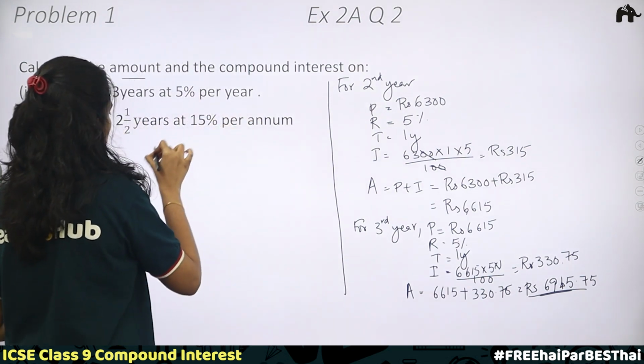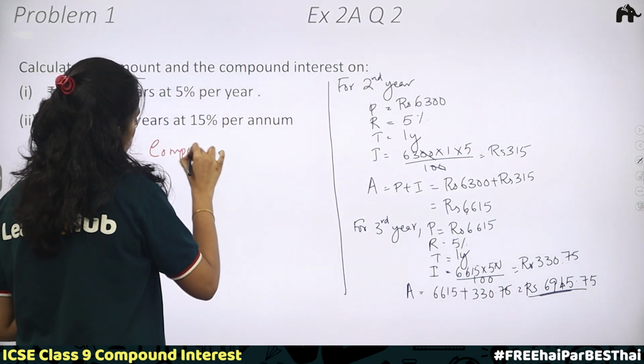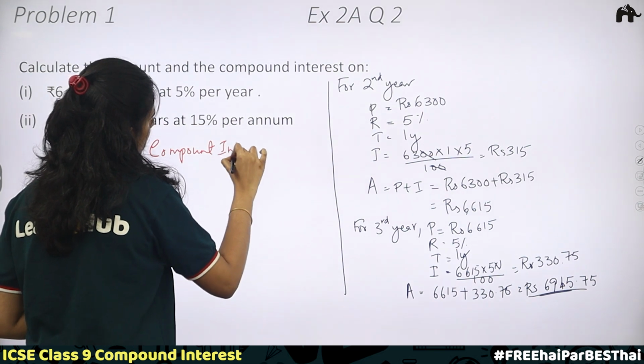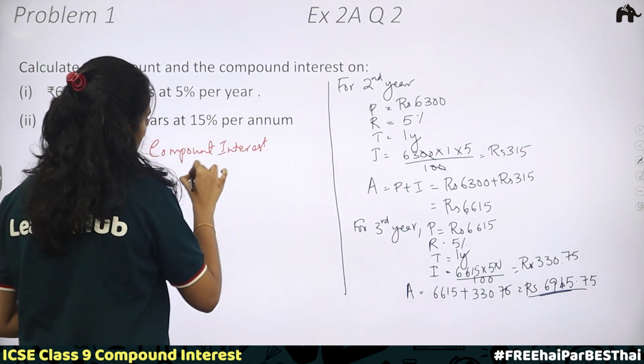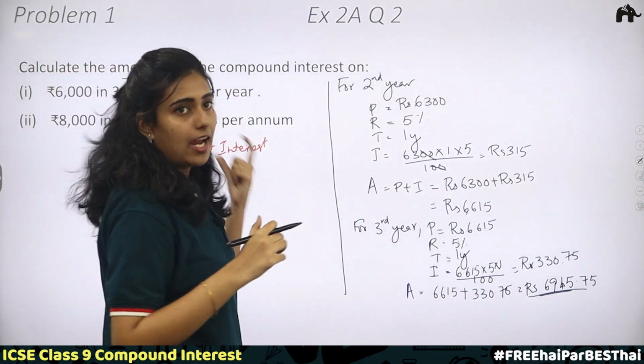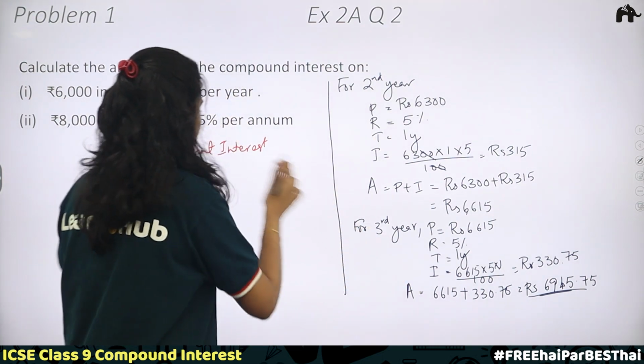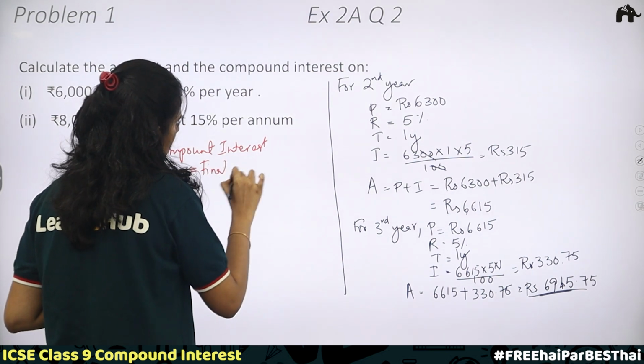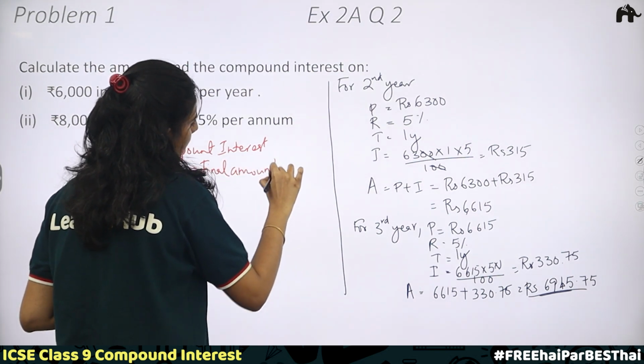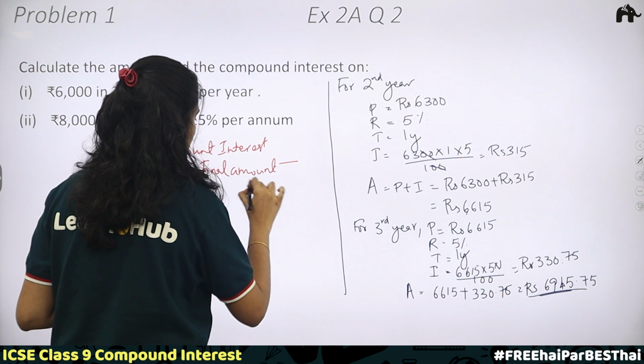Now to find the compound interest, you can add the interest at the end of first year, second year, and third year interest, or take the final amount at the end of third year minus initial principal.